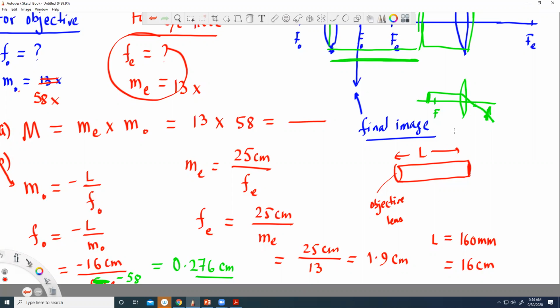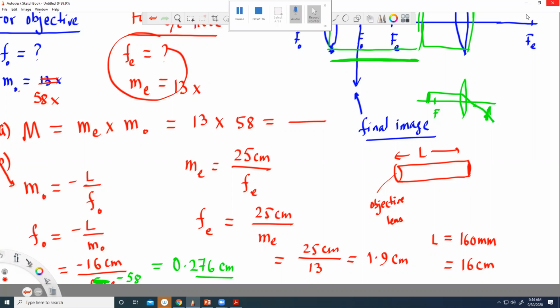I would recommend you watch the last video, because I explained there how we get that. That's the near point of our eye. The object is usually near the near point of our eye. That's why it's there.